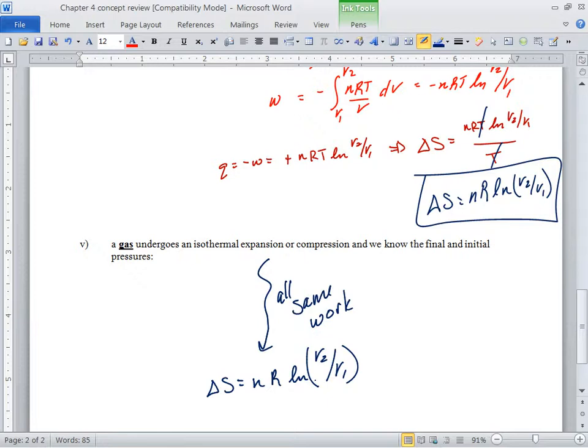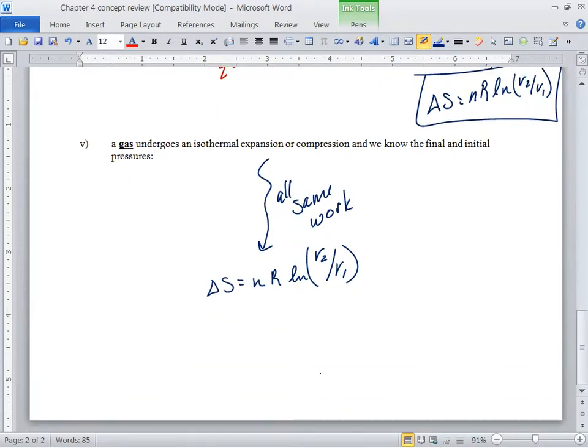It's isothermal, so your T's will cancel. Would your N's be different? N never changes, they never add or subtract gas. But V1 and V2 will change, because it's compression or expansion.